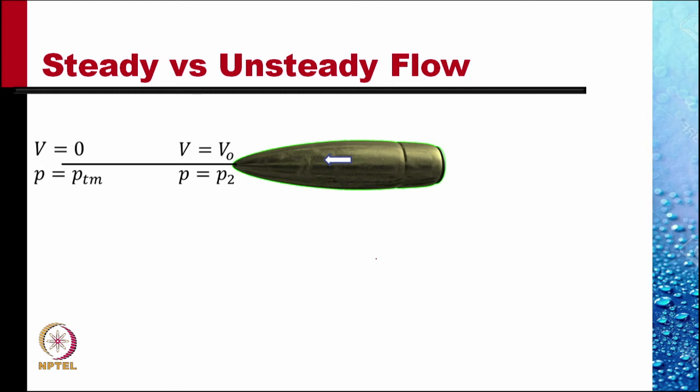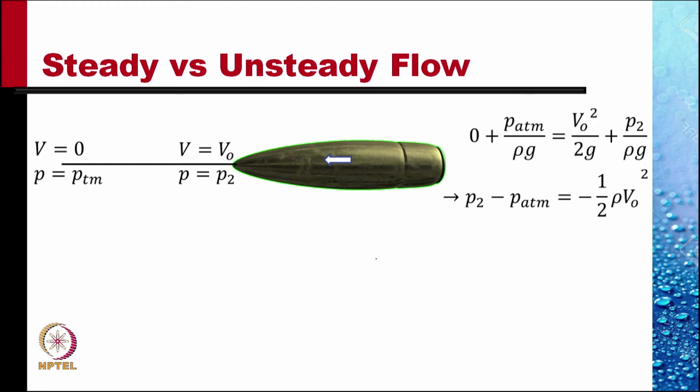At the nose, the air particle is moving with the velocity of the projectile, velocity V naught, and the pressure is to be determined. If we apply Bernoulli equation between these 2 points, I get P2 minus P atmospheric is equal to minus 1/2 rho V naught square. That is, the pressure at point 2 is below atmospheric pressure by an amount 1/2 rho V naught square.